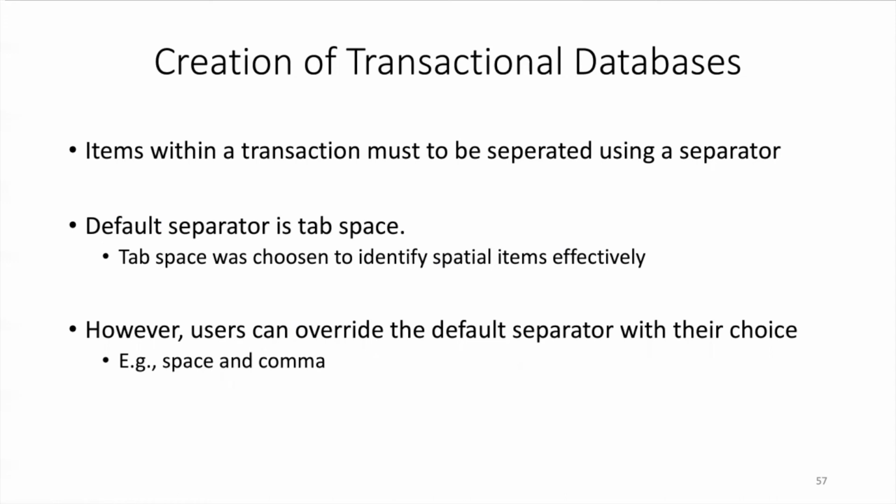However, users can use their own separator, or they can override the default separator. The reason for using tab space as the default is that some spatial items, especially line and polygon, use comma and space within themselves. So we cannot use comma and space in handling spatial datasets. That's why we chose tab as the default separator.